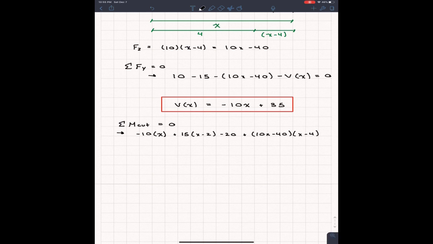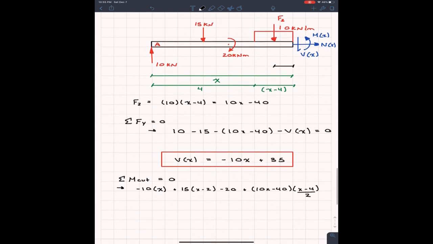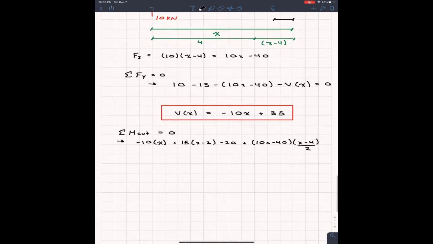And finally, at the end of the beam, which we can't forget about, we have that M of x at the very end of the beam. So we go plus M of x, and all this is equal to 0.